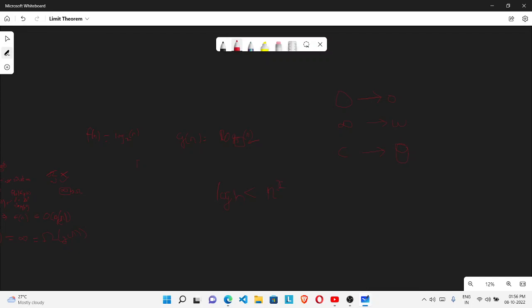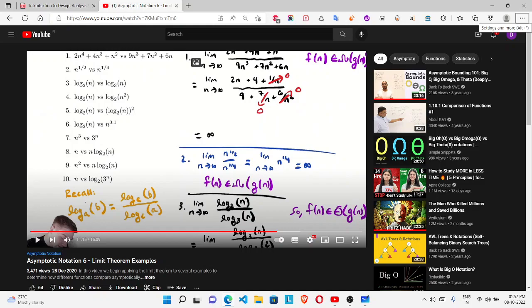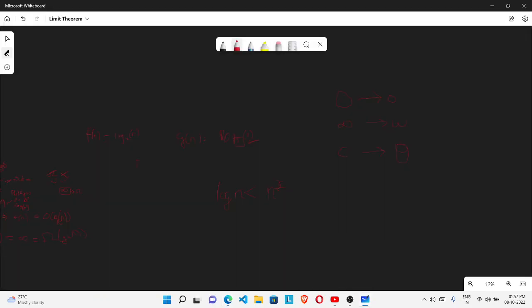So log of n would take much less time as compared to n raised to any power. But I really need to learn maths. It's true for x greater than or equal to 1 for sure.